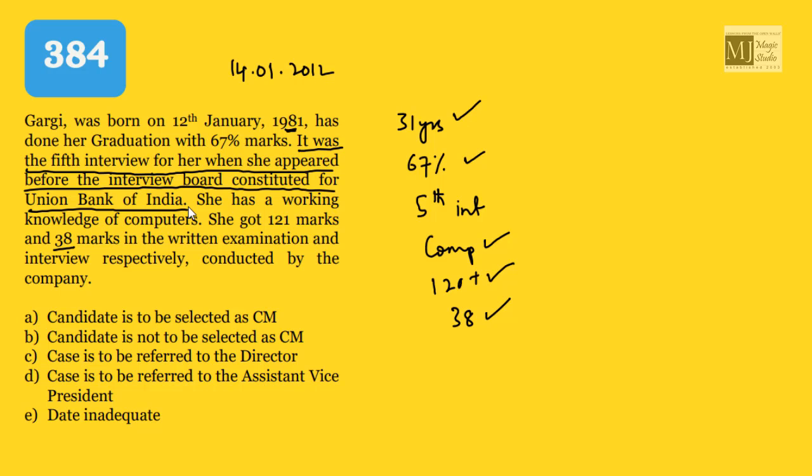That means Gargi has appeared in 5 interviews, but it is not given that all the interviews were for bank PO or any other competitive examination. The 5th interview is for a bank, but what about the previous 4 interviews, whether they were for the bank PO examination or any other competitive examination? So data is insufficient for us to take the decision. I'll mark option E.